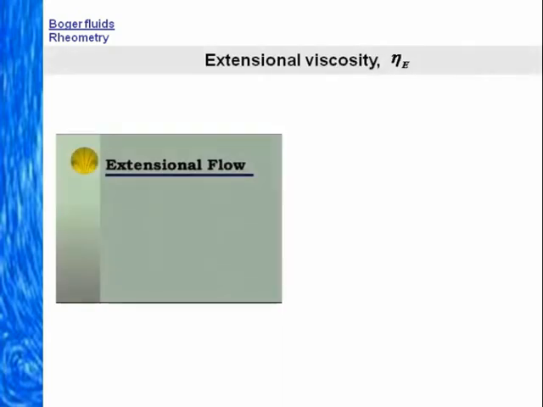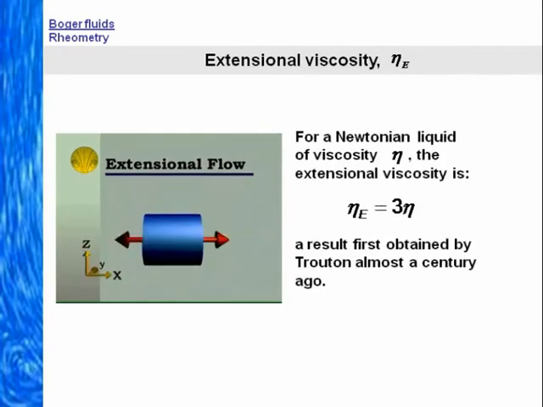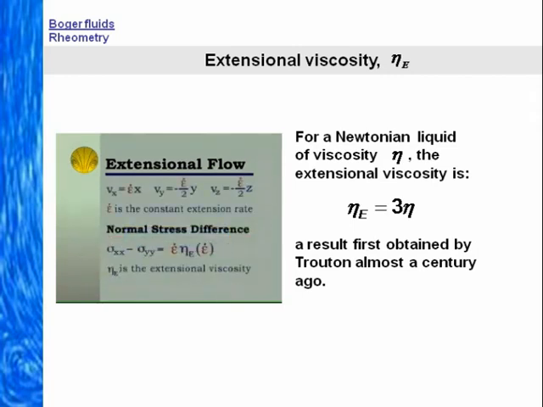The final rheometrical function we must refer to is the extensional viscosity, denoted by eta sub e. For a Newtonian liquid of viscosity eta, the extensional viscosity is simply 3 eta, a result first obtained by Trouton almost a century ago. For this reason, the ratio of extensional viscosity to shear viscosity is conveniently known as the Trouton ratio.